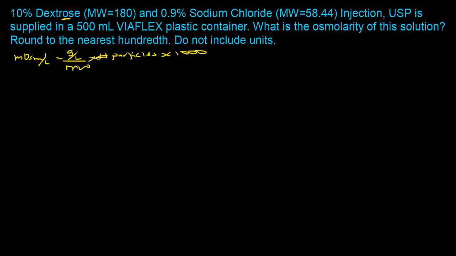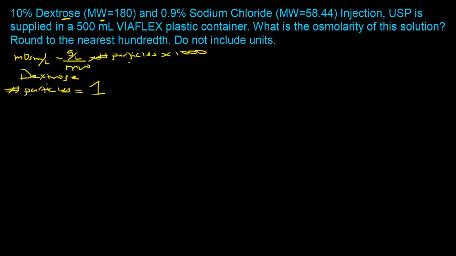You need it very frequently. So we can start off with dextrose as our first quantity, and we already have the molecular weight, so the next thing we need is particles, and like I mentioned, the number of particles for dextrose is 1.